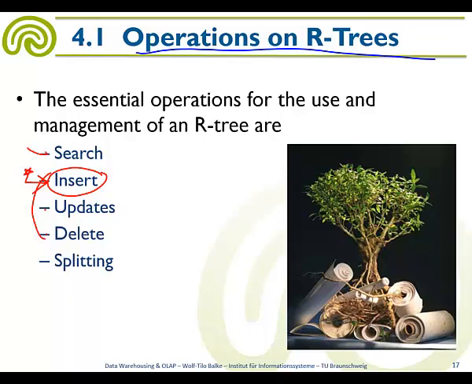And then we have the search. For data warehousing, we'll be doing that a lot. And the splitting operation, this is special. It has to do with maintaining the tree, because we always have to make sure that the tree doesn't degenerate. We always want this bushiness. We want the levels to be nicely fitting to the underlying blocks. So we don't want trees where the branches are short or where the branches are long.